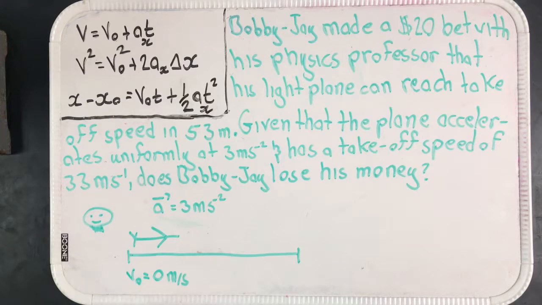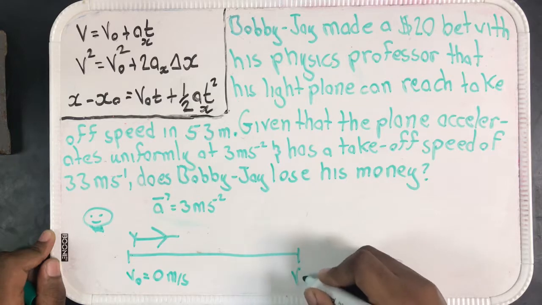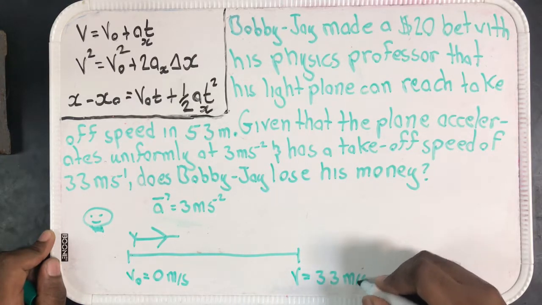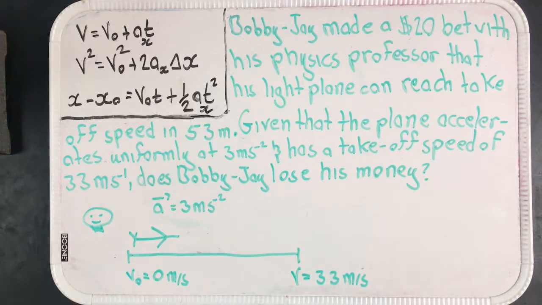And we also know that it moves with a constant acceleration of 3 meters per second squared, and that the final velocity it must reach is 33 meters per second. So the real question here is, in what distance does this plane have to travel to reach this takeoff speed? Well, let's find out.